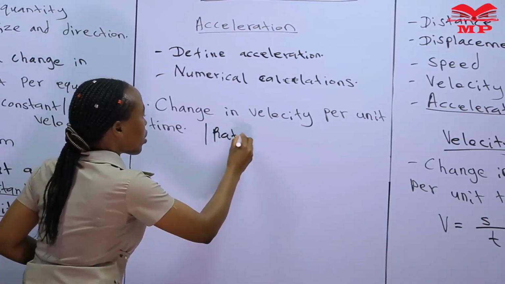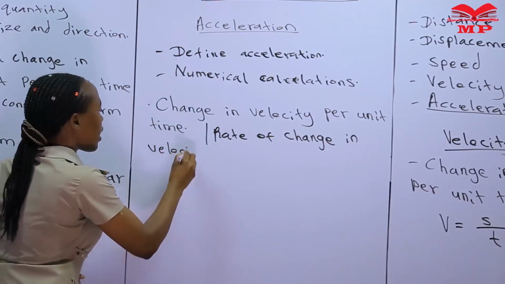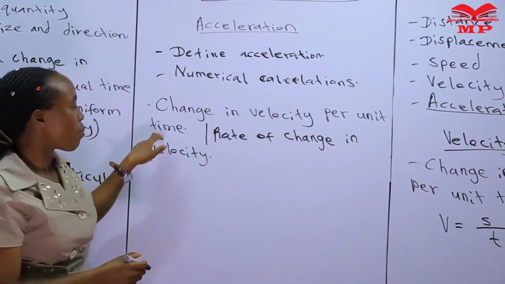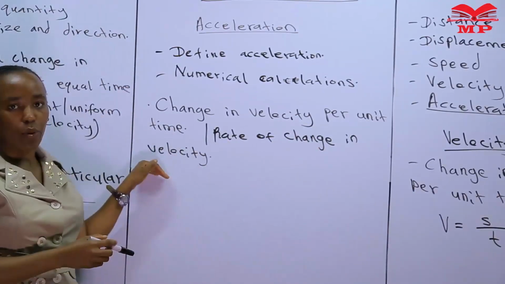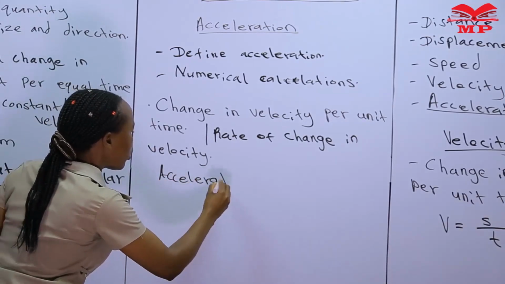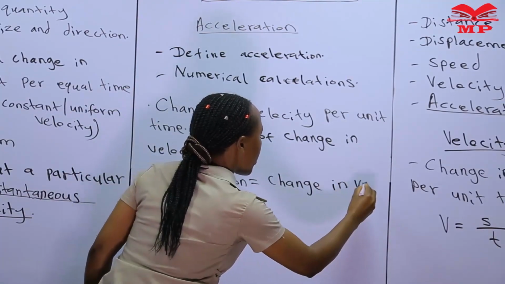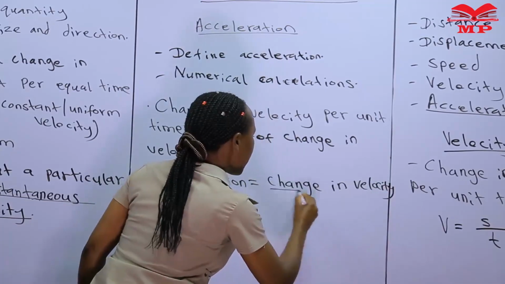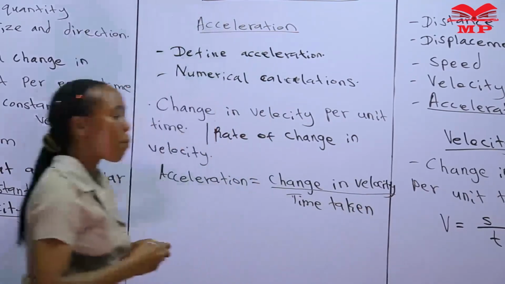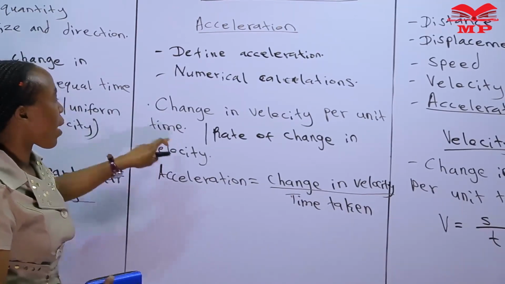So acceleration is equal to the change in velocity divided by the time taken. That's how we define acceleration.